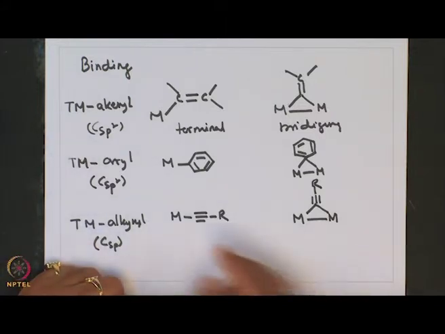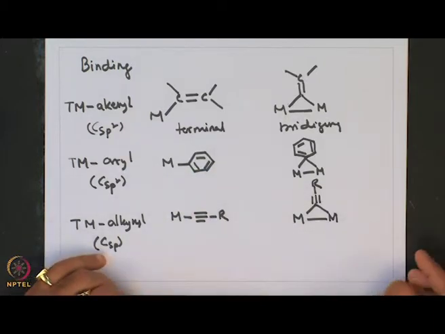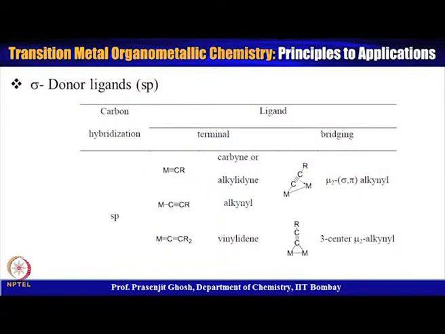So, these three types of compounds that show different additional bridging modes as opposed to simple terminal ones would be the ones that we are going to be discussing in this next series of lectures, and they are primarily focused on transition metal Csp2 or transition metal Csp type of functionality.